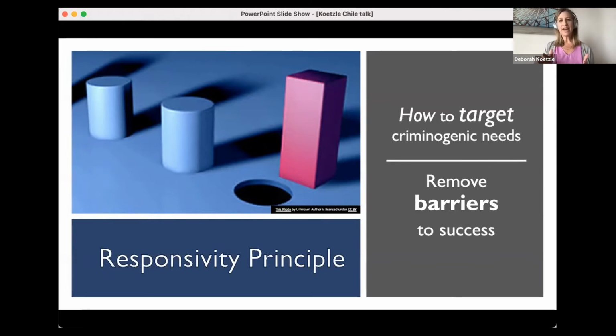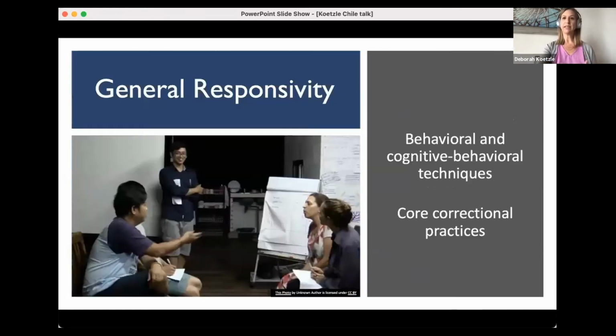And yet we do that a lot of times with youth, right? We put them into sort of a one-size-fits-all group, and it's not always the best match for them. And so responsivity is saying we need to be attentive to these individual differences and making sure that we're removing or taking away any barriers to being successful in a treatment setting.